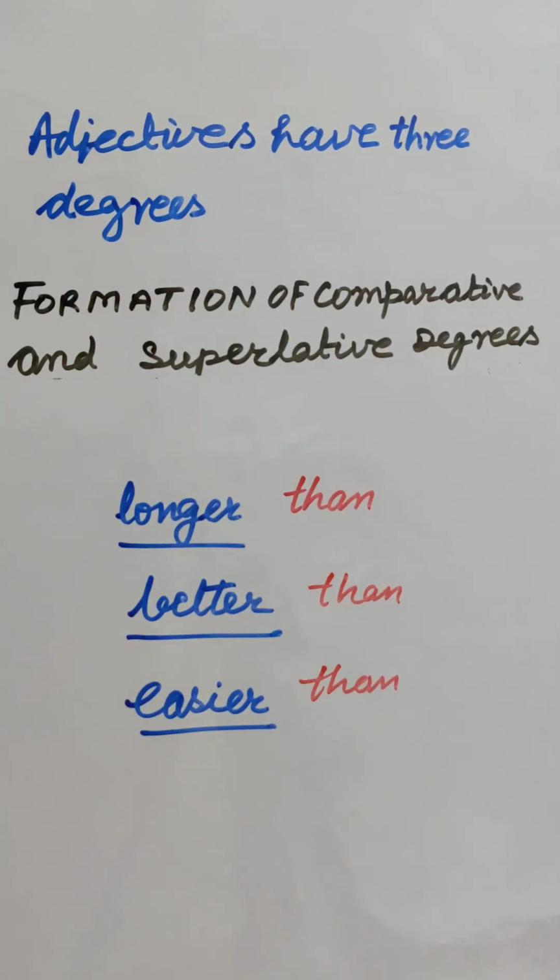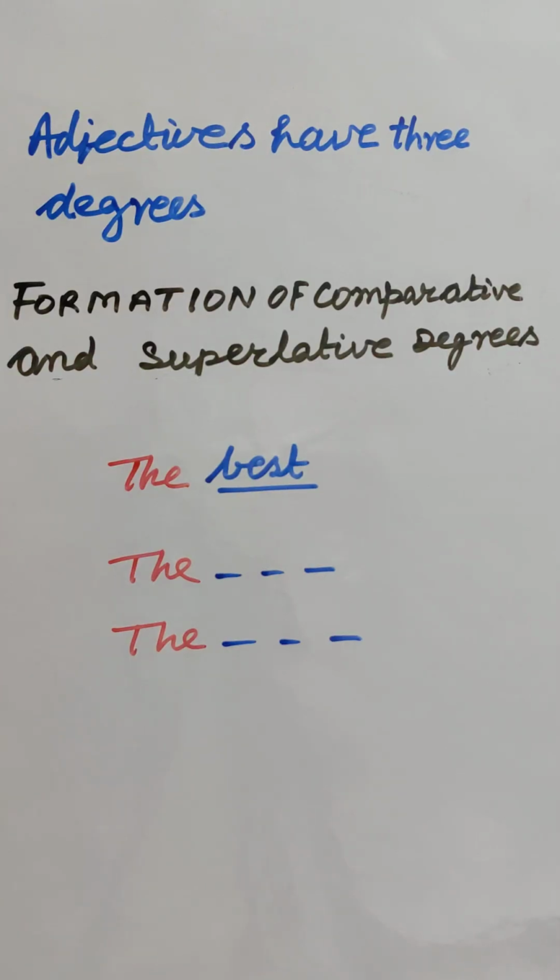In any sentence, if there is than and a blank before than, you need to write the comparative degree of the adjective, like longer than, better than, easier than. In any sentence, if there is the and a blank and you have to fill in an adjective, always fill in the superlative degree of the adjective: the best, the easiest, the most dangerous, the most important.